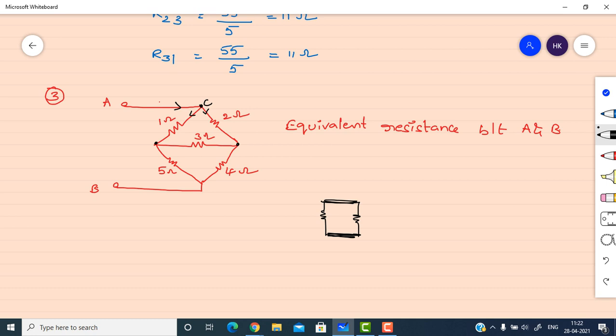No, between those two there is one more resistor. Then how can they be parallel? The voltage across those two resistors is not equal. Parallel means the current must be divided, and the voltage across the two resistors must also be the same. When will the voltage be the same? When the connection is like this, then the voltage across these two resistors, 1 ohm and 2 ohm, will be equal. You understand?